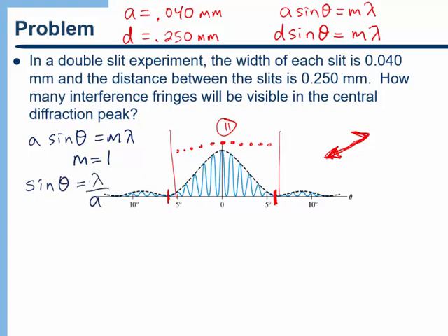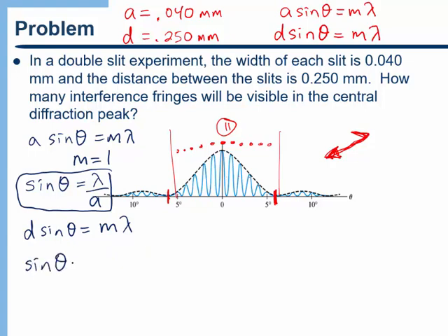Now you may have noticed I didn't give you the wavelength in this problem, so I can't directly solve for theta. However, what I can do is plug lambda over a in for sine theta in my other equation. So for the interference pattern, I know d sine theta equals m lambda, or sine theta equals m lambda over d.